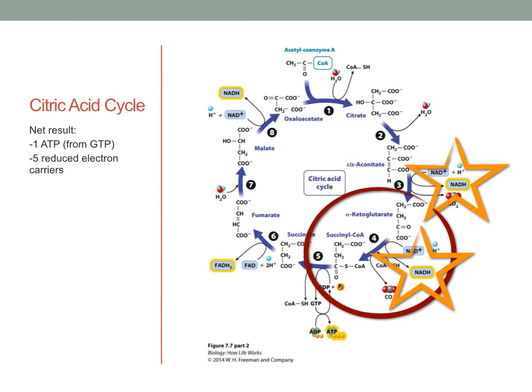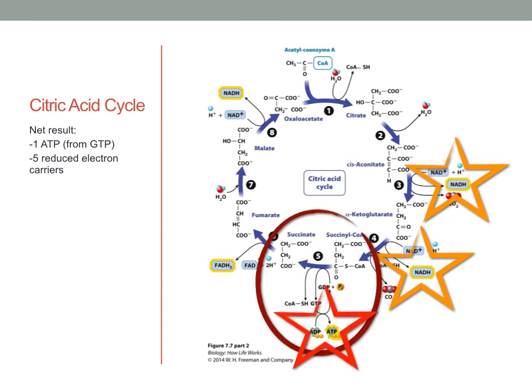So again, we have the coenzyme A that will serve as a shuttle. So the succinyl-CoA formation is accompanied by the release of a CO2 molecule and the release of an NADH molecule. Again, an electron carrier.